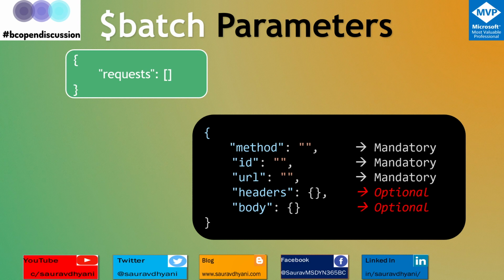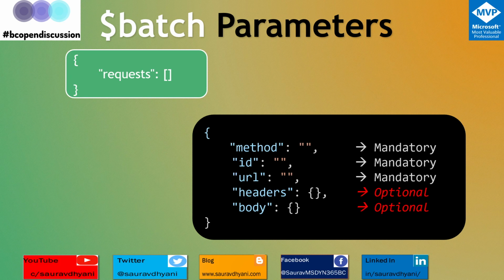And this can be a relative path, we'll see that, or it can be an absolute path, which means the exact path. In case of a relative path, it replaces the $batch part in your request, and an absolute path replaces the complete URL of the batch request. And we'll see what that means once we get into it.